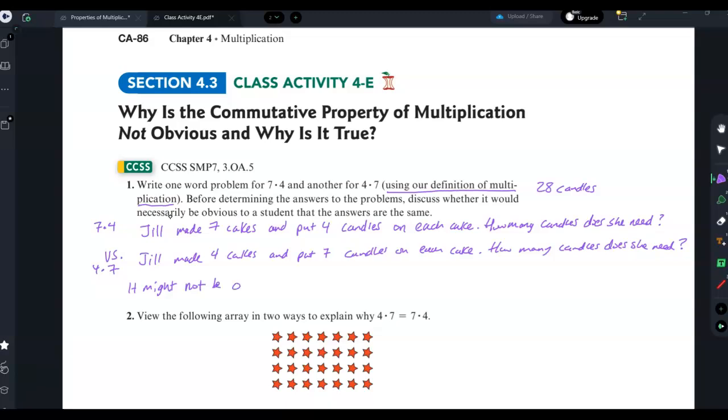Maybe your first problem was like mine, with objects and groups. And then maybe for your second problem, you switched it and did a different model. So now it's Jill made 4 cakes and she made 7 times as many cakes the next time. So now you've got a multiplicative comparison problem. The more different you make that problem, the less obvious it might be.